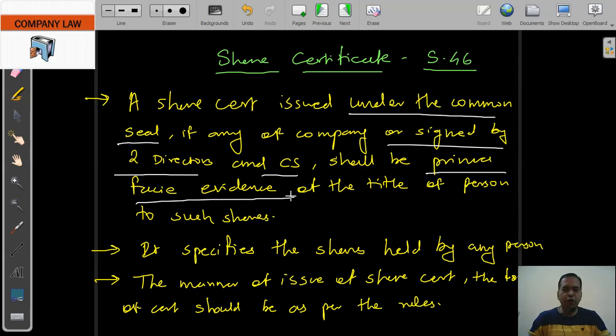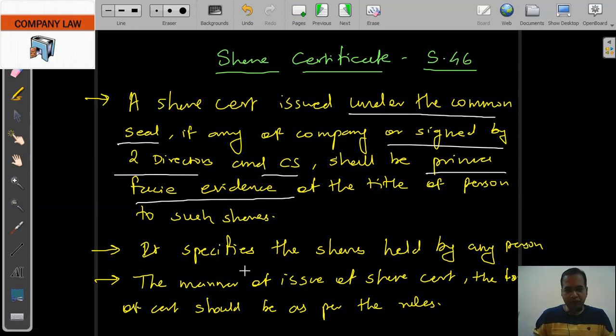So it's a very important document. Company has to issue it to the shareholders. Company has to do the formalities from time to time. Company has to maintain the records of the share certificate numbers and everything in the register of members very carefully.